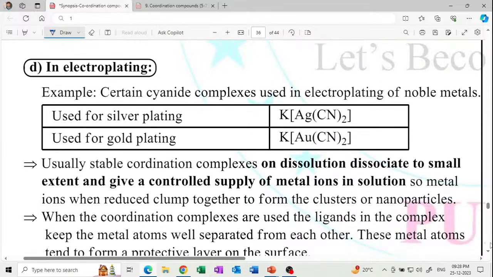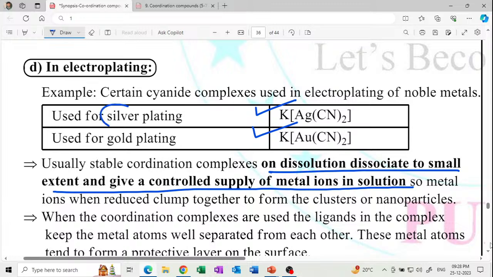In electroplating, the complex has a dissociation to a smaller extent and gives a controlled supply of metal ions in solution. So these complexes are used for silver plating, gold plating. So this is very important. Complex ची नाव लक्षात ठेवा. Important, ही कॉम्प्लेक्सची नाव आहे. At least you should be able to write that complex name.